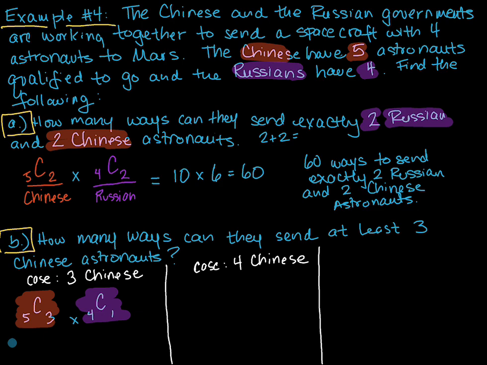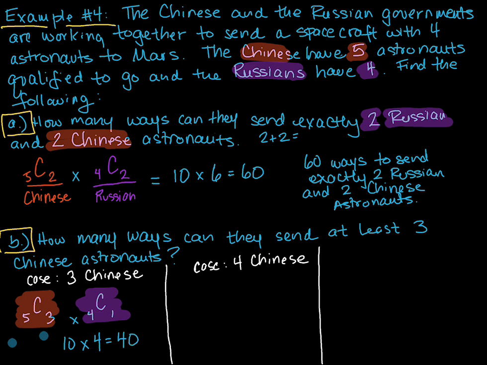There's a symmetry there. So 5 choose 3 is 10 times 4 choose 1, which is 4. And so that is 40 for this case.